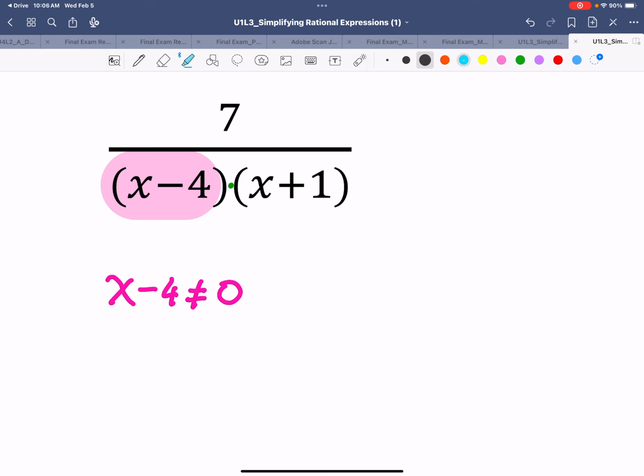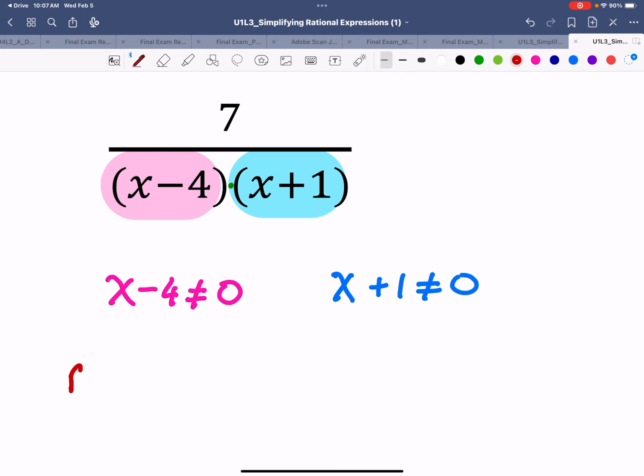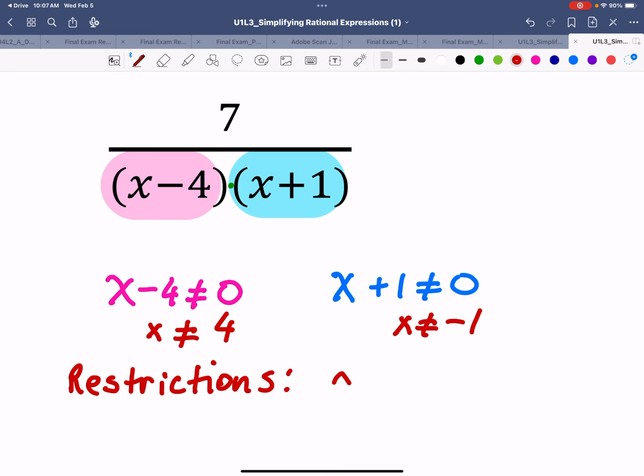Similarly, the other binomial, which is the other factor of the denominator, x plus 1, also has to be different than 0. So we're going to say x plus 1 different than 0. Therefore, the restrictions, obviously stated on x, would be x different than 4, and x different than negative 1.